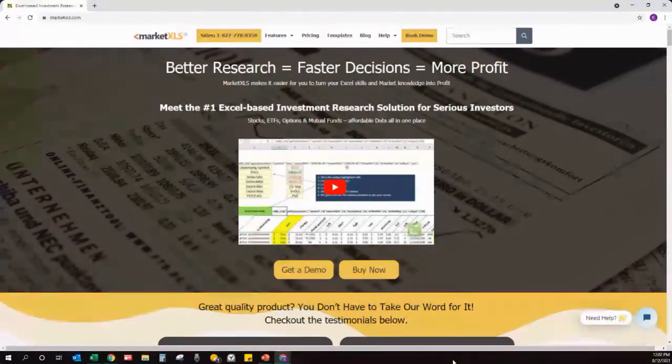With that request in mind, we thought it would be a good idea to create a series of webinars where we invite our customers to showcase how they use the product and what their investment research workflow is. This will give you an ability to see what other people are doing for their investment research and how they use MarketXLS.